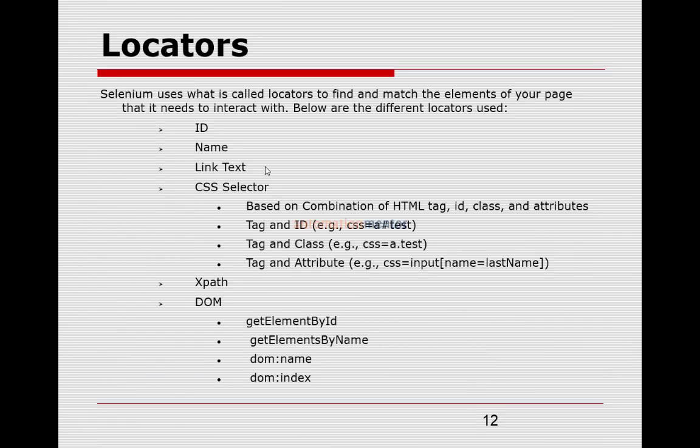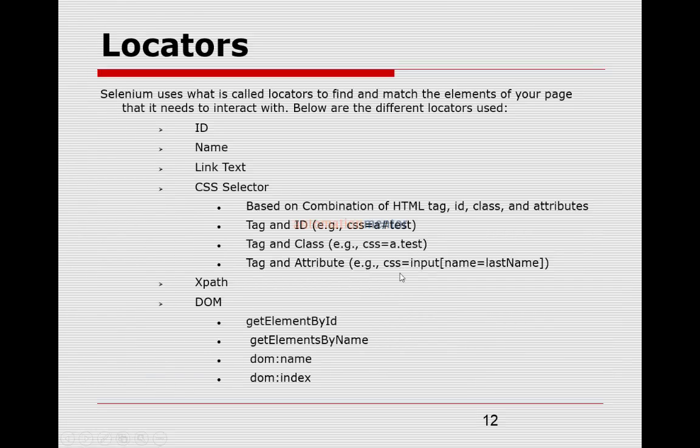Another way of identifying is CSS, which is nothing but cascading style sheets. I can use any combination of CSS, like tag as well as ID, tag in combination with class, and tag in combination with attribute. For example, CSS equals a.test, where a represents the anchor tag and test represents the ID of that particular anchor tag, or even a representing the anchor tag and test representing the class.